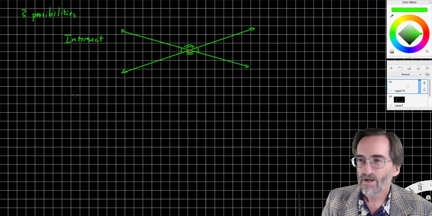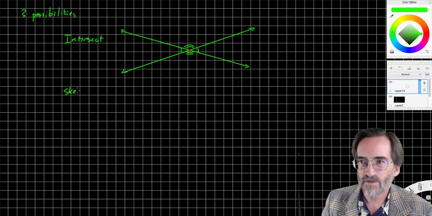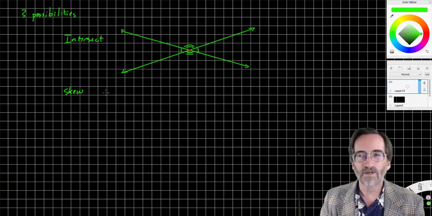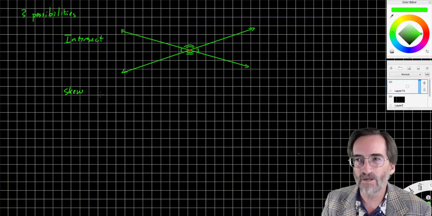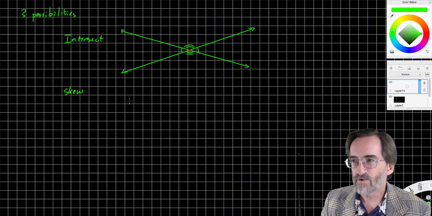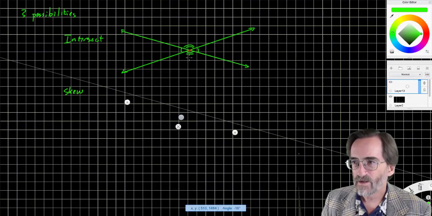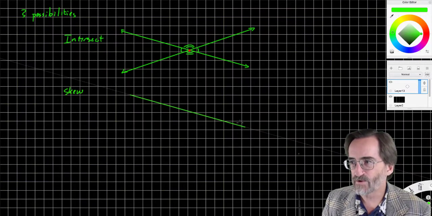Another possibility is something called skew lines. Skew lines are not parallel. We're going to get to parallel here. Skew lines are not parallel, but they don't intersect. So, for example, we might have one line that exists here, and it's difficult to draw on a plane. It's something that exists in 3 dimensions.